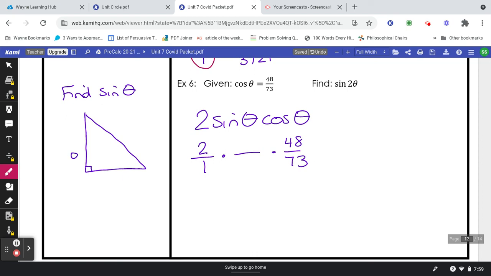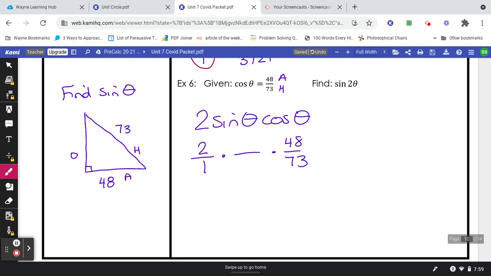Label the sides. Come back to the problem. Cosine is 48 over 73. That's A over H. Then I could put the 48 on the adjacent side and the 73 on the hypotenuse side.